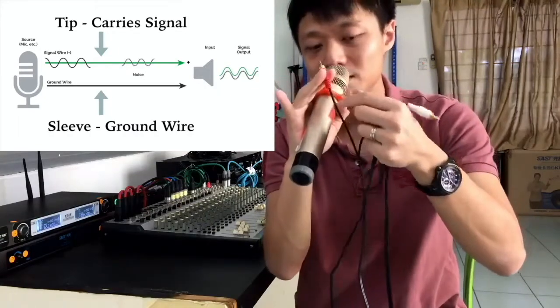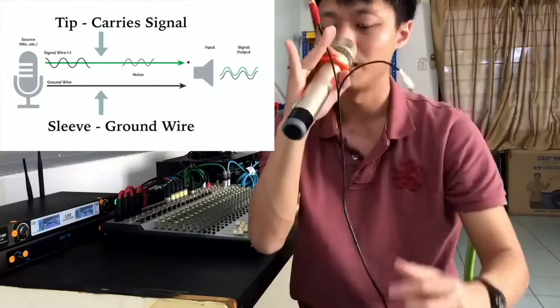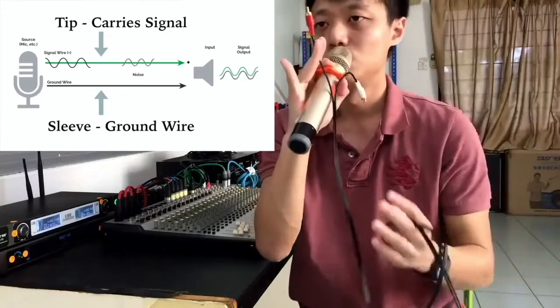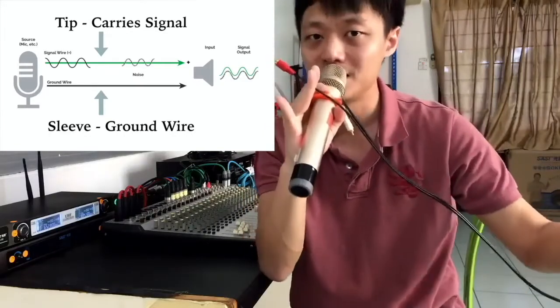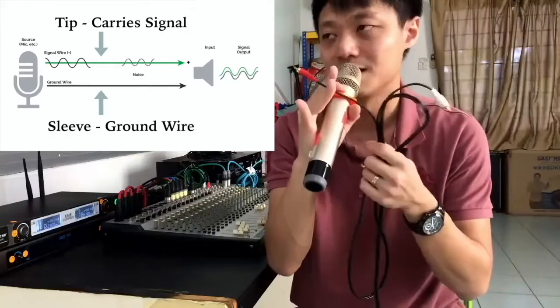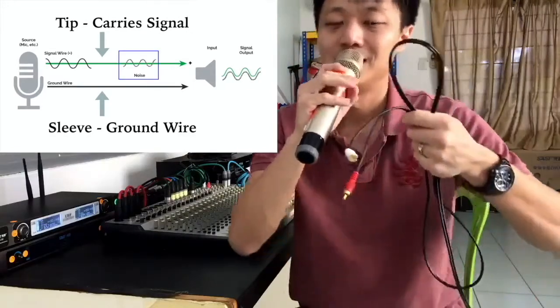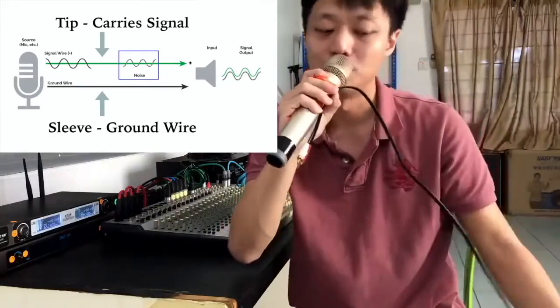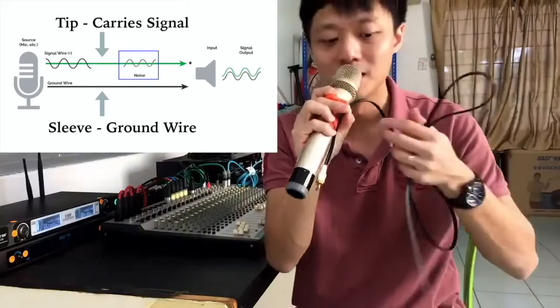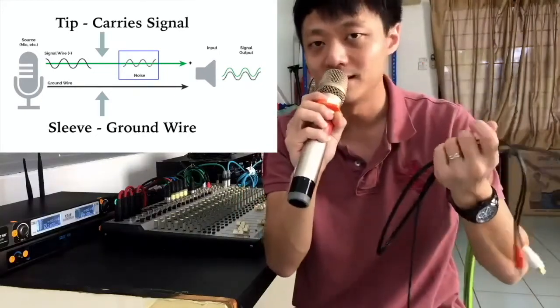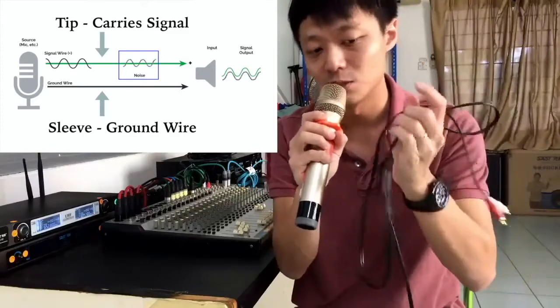this kind of signal cannot travel through this audio cable for too far a distance without eventually carrying some noise. What is noise? When we talk about noise, we actually mean electromagnetic interference in these audio cables themselves.